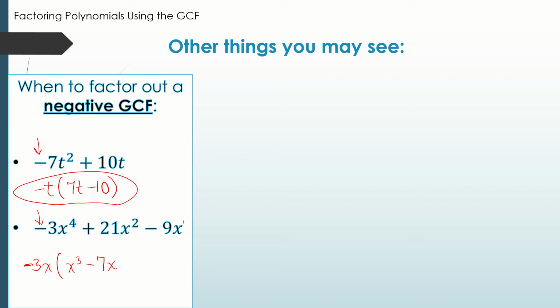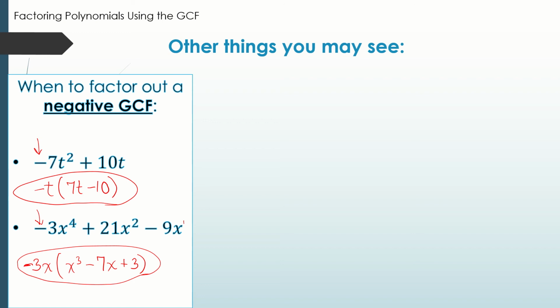Negative 9 divided by negative 3 is positive 3. Had an x, took an x out, so no x is left in that term. And again, if you were to mentally redistribute, you should end up where you started.